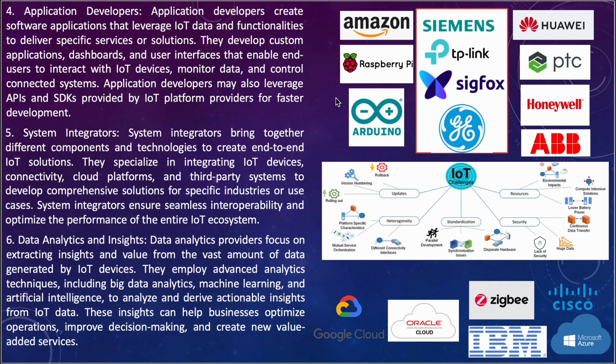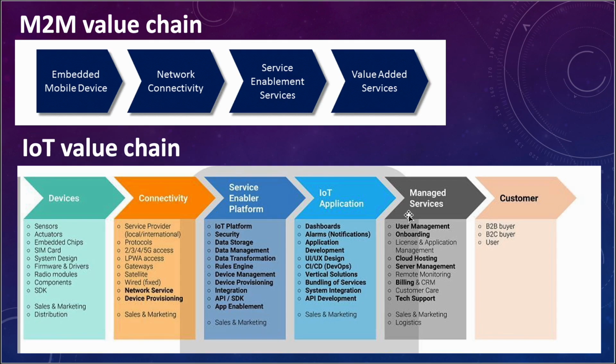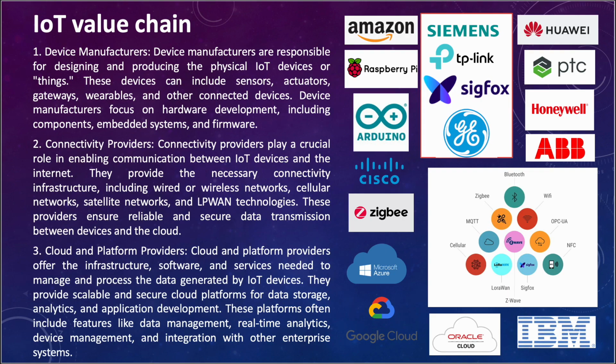Or build smart homes. If you're going to build a smart home, you can build only an application for your smart home. You can buy all the hardware from other companies, right? So as you can see, you can join from any point in this value chain. As a company, as a business, you can join any part of this value chain and create value, right?